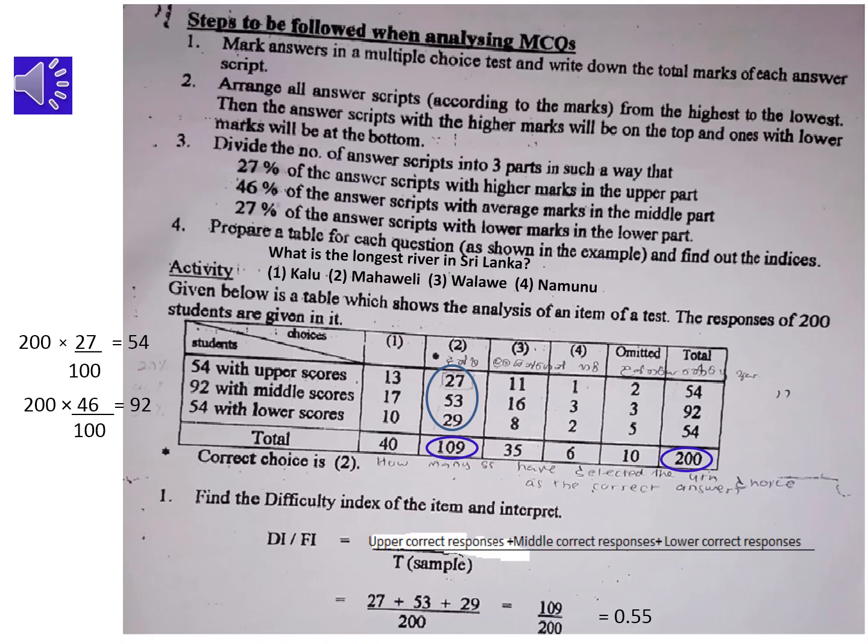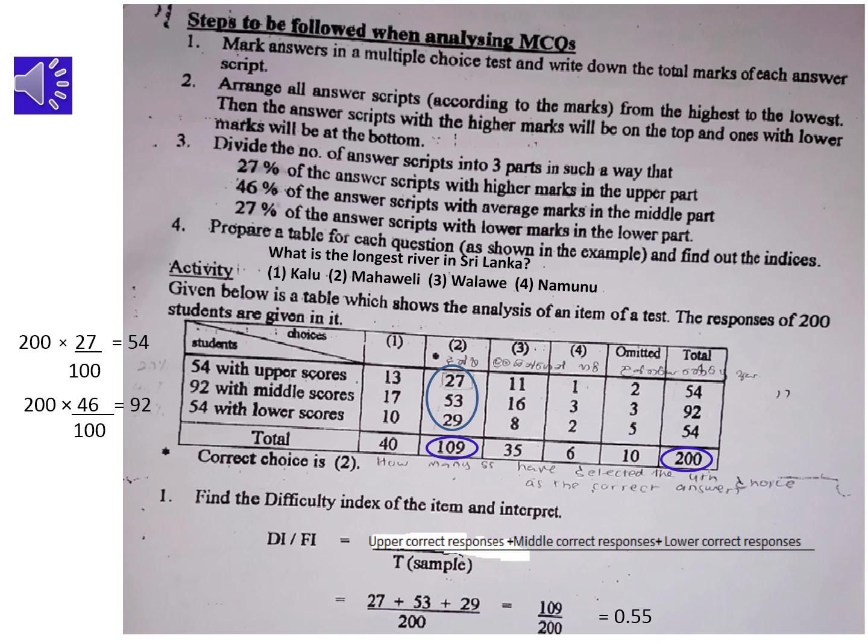Then you can see some values are in the body of the table. How do you get these? That means now we take the first 54 papers. Then we check how many students have answered the first choice, that means Kalu, as the correct answer.